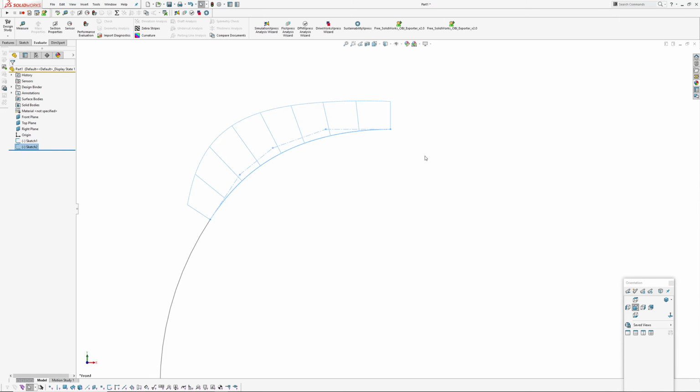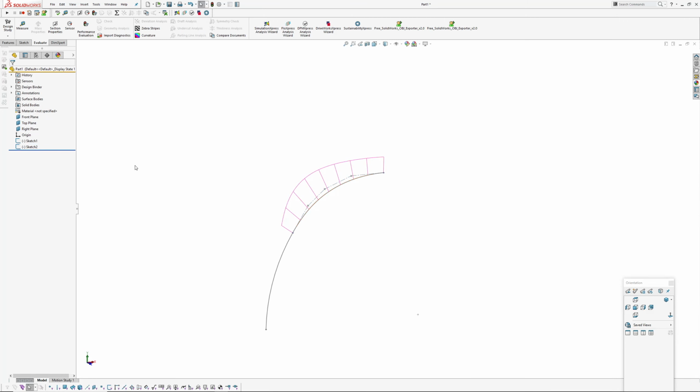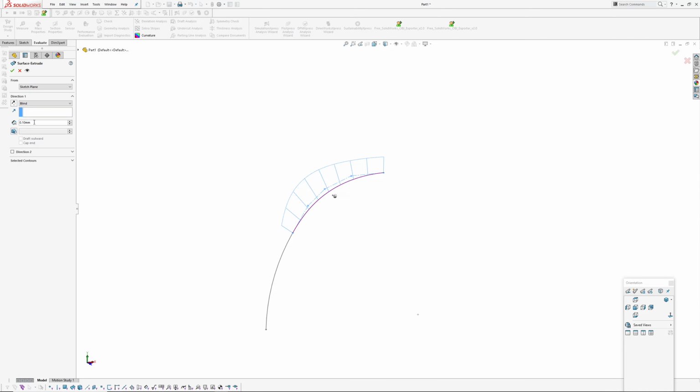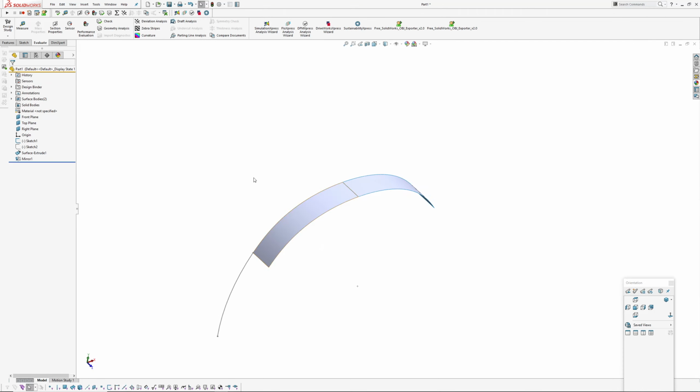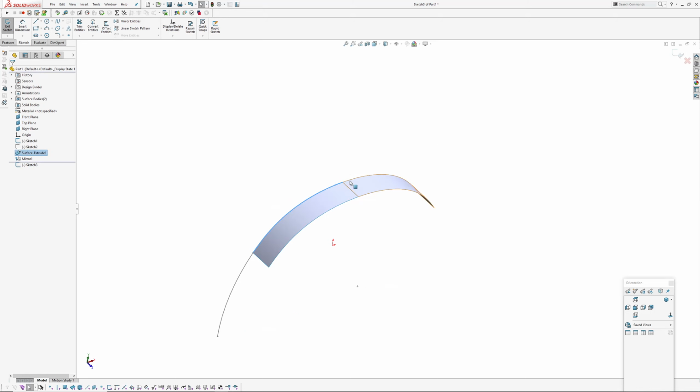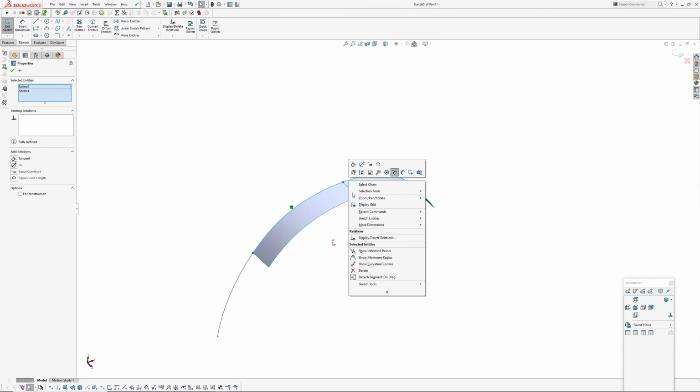So if I go okay with this, let's extrude this and then mirror it. Okay. Go on the front plane and convert entities, and then bring up curvature graph on these.